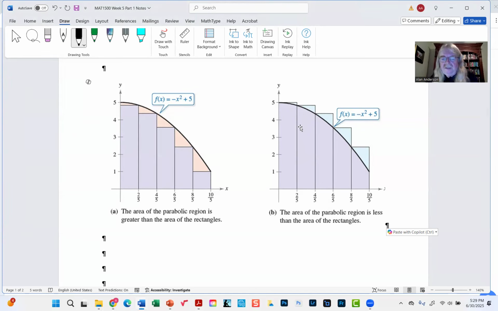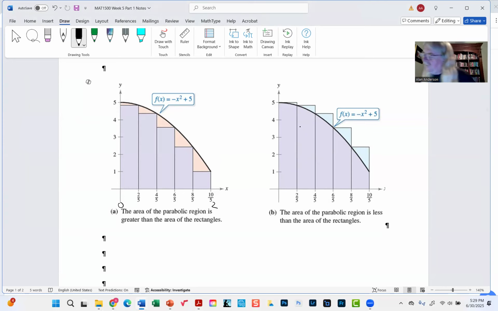What's happening here is that if you look carefully along the horizontal axis between 0 and 2, we've broken it up into 5 equal pieces. So we have 5 intervals, and from those intervals, we can define the heights of these rectangles.